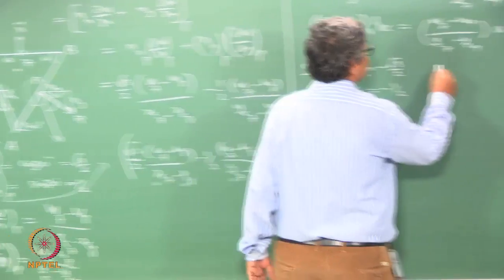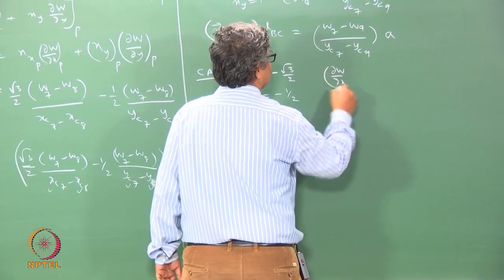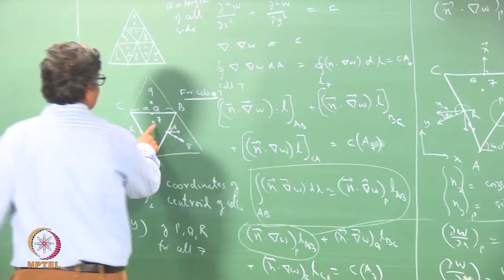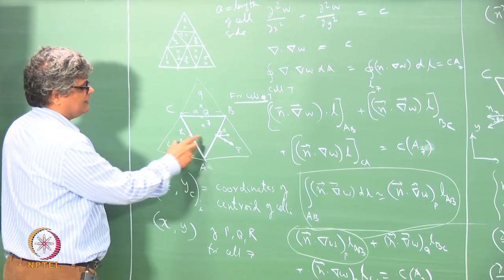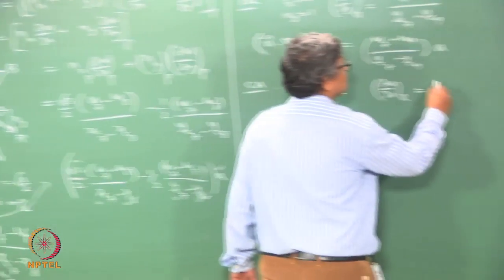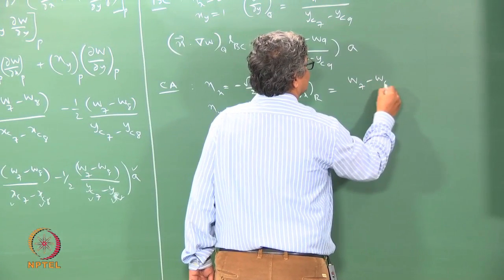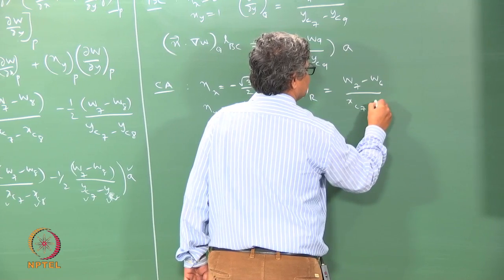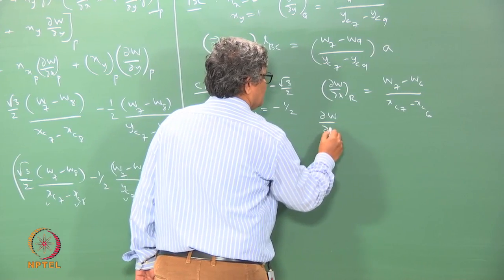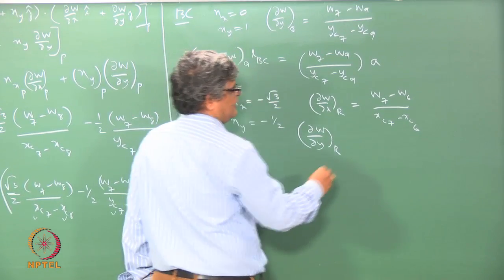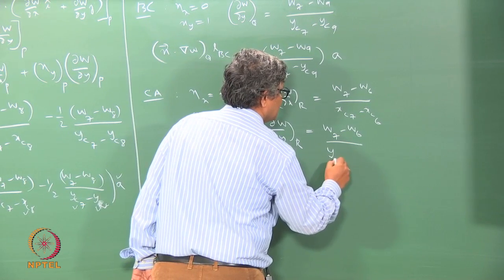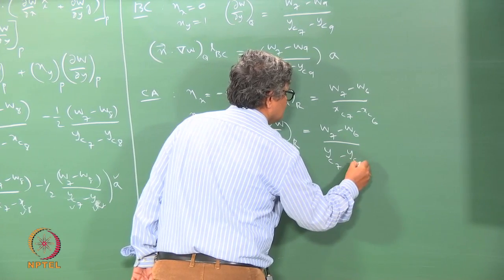And now dou W by dou x at R can again be written as W7 minus W6 divided by the horizontal distance between the two. So we can write this as W7 minus W6 divided by XC7 minus XC6, and dou W by dou y at R can be written as W7 minus W6 divided by YC7 minus YC6.